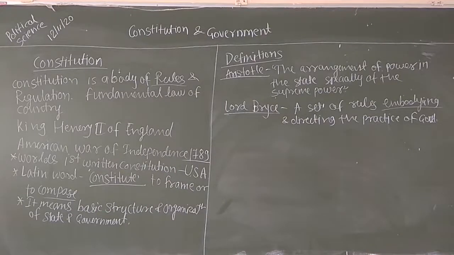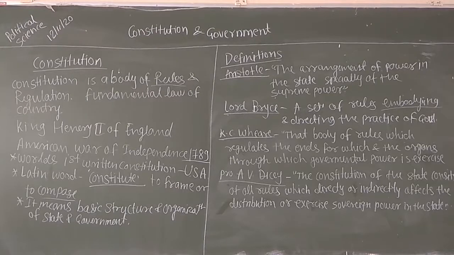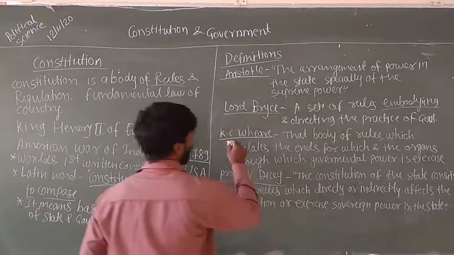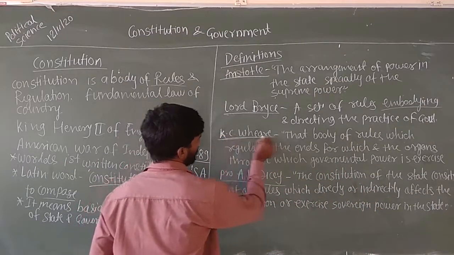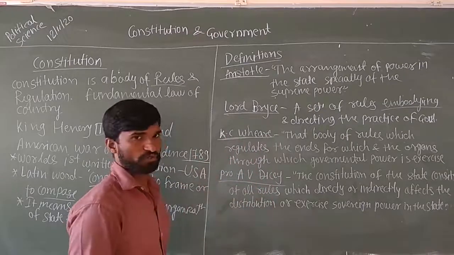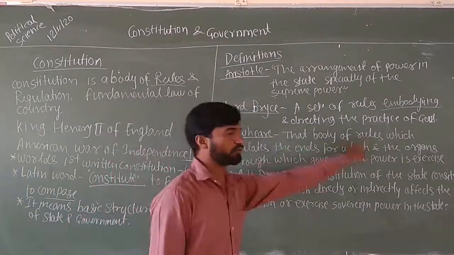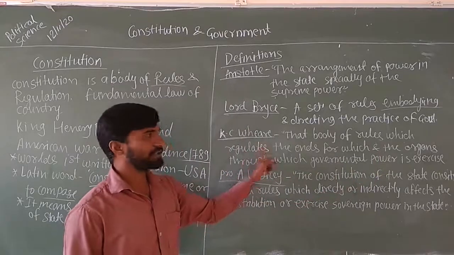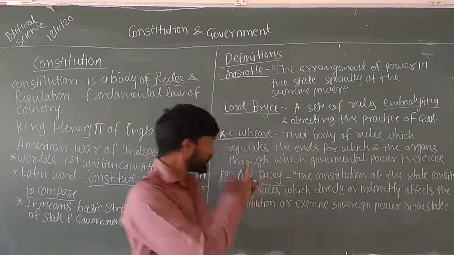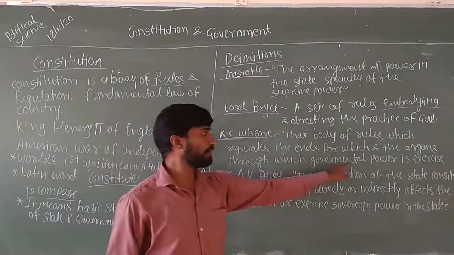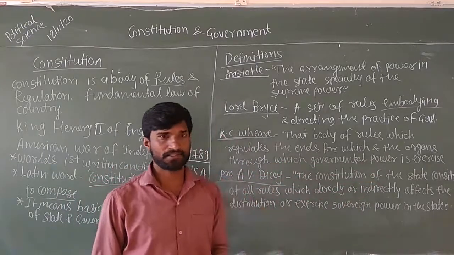A few other definitions are there, we will see. Further definitions you can see here. K.C. Wheare: so what has he told about the constitution? The constitution is that body of rules which regulates the aims for which and the organs through which the governmental power is exercised.